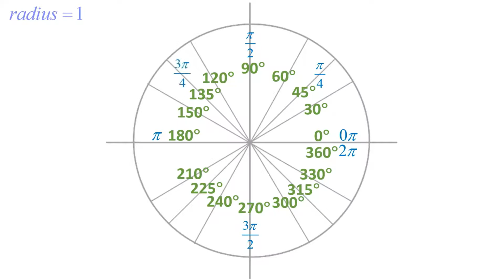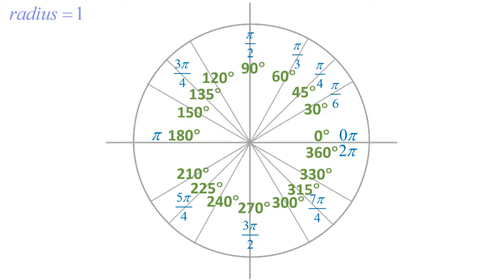Add pi over 4 again to get 3 pi over 4. 4 pi over 4 is where pi is. 5 pi over 4, 6 pi over 4 is the same as 3 pi over 2. 7 pi over 4 and 8 pi over 4 is a full rotation. Simplifies to 2 pi.